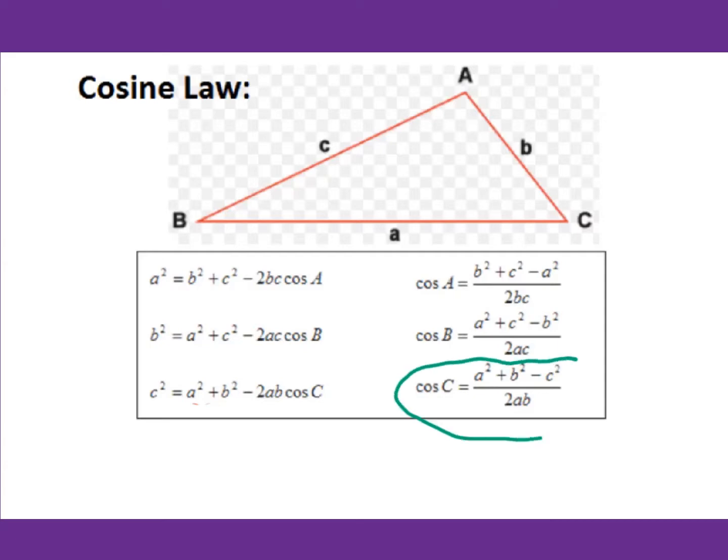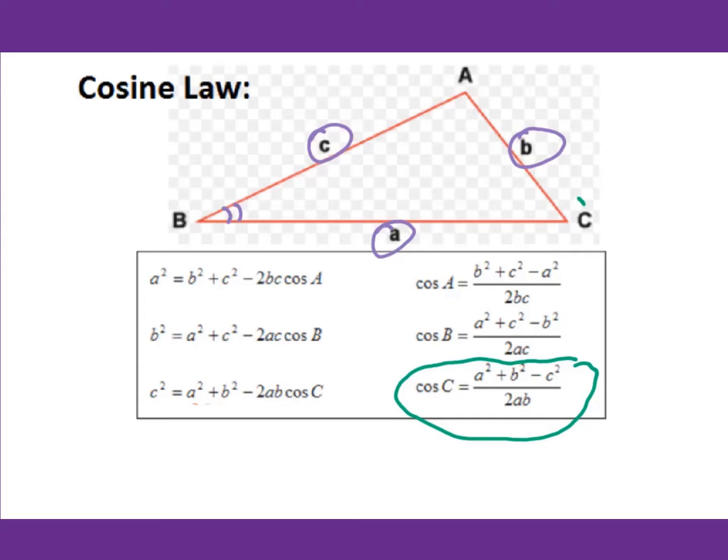Now let's analyze this angle pattern. We have cosine C equals a squared plus b squared minus c squared over 2ab. So we get cosine B equals a squared plus c squared minus b squared all over 2ac.